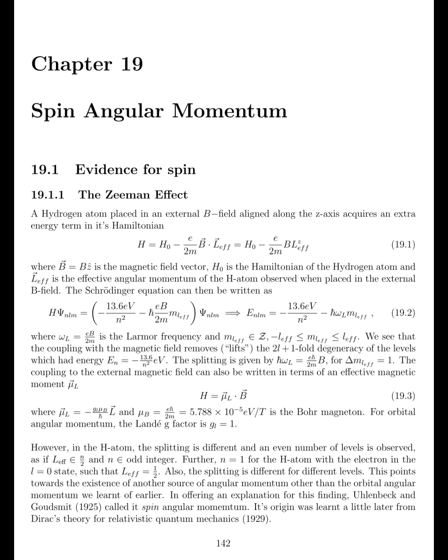Why? Because of the following. The reason goes as follows. If you really think about it, if you think about using orbital angular momentum, how would such an angular momentum respond to the magnetic field?